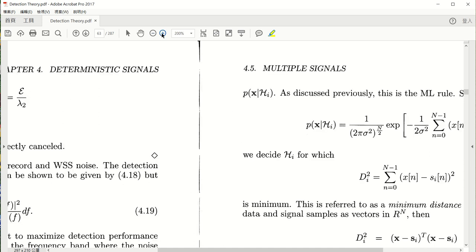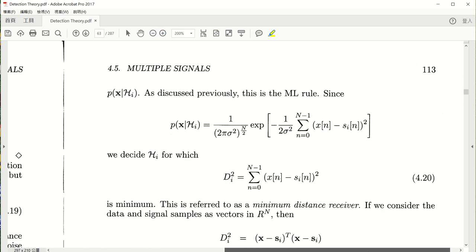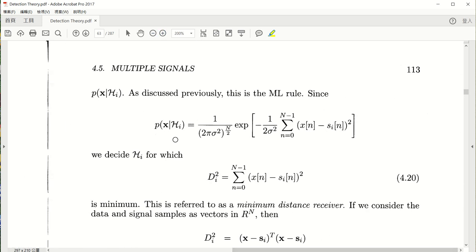Just notice that when we assume the subscript to be i, it means that i has many options. It could be H0, H1, or H0, H1, H2, H3, H4, and so on and so forth. You get many hypotheses in your case.